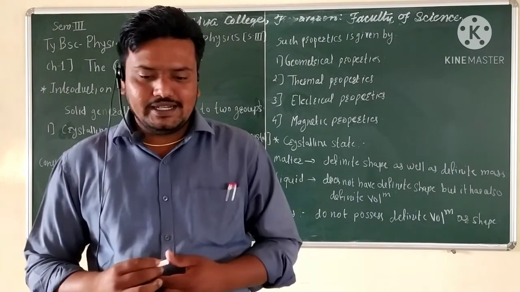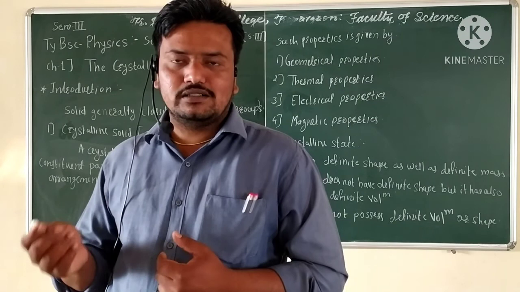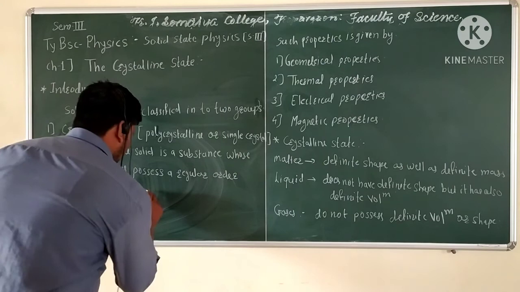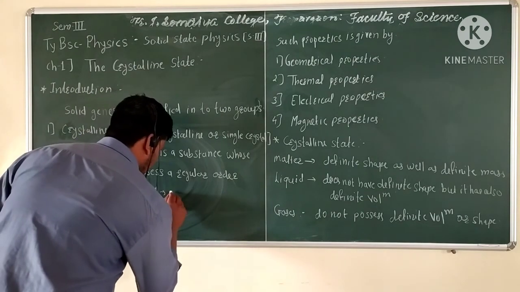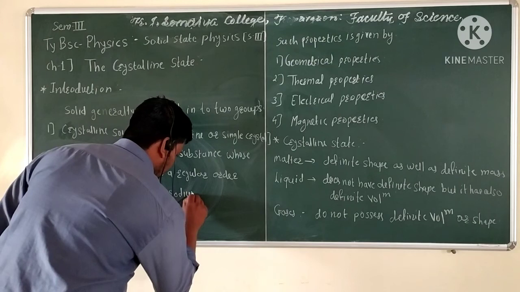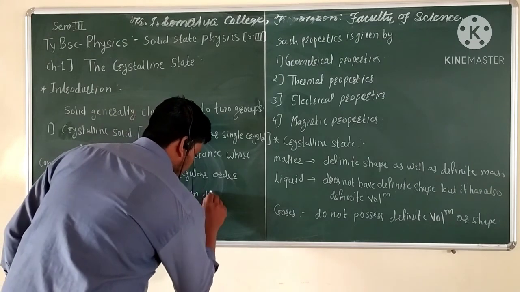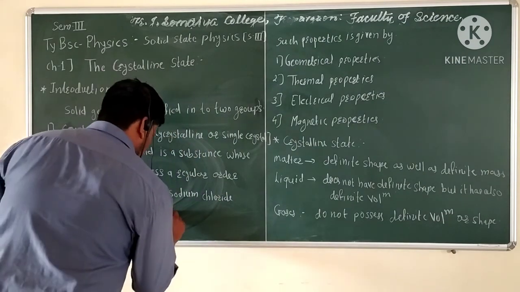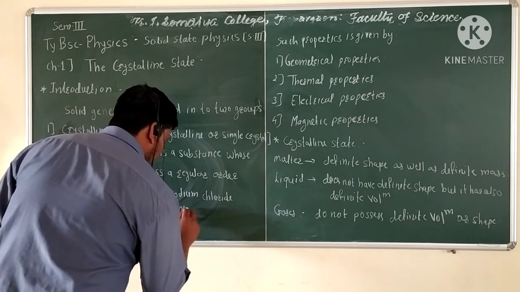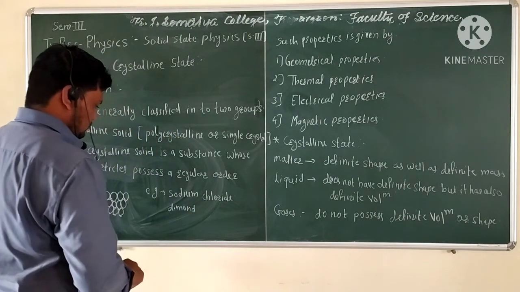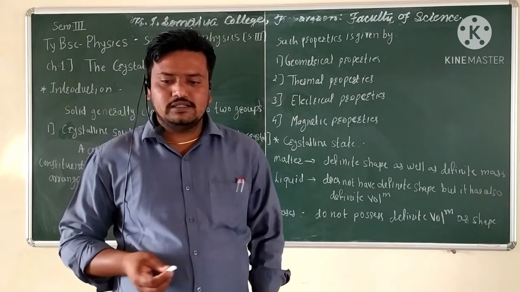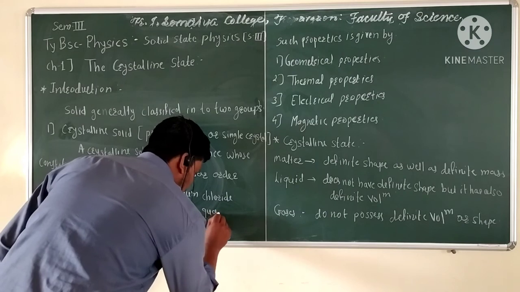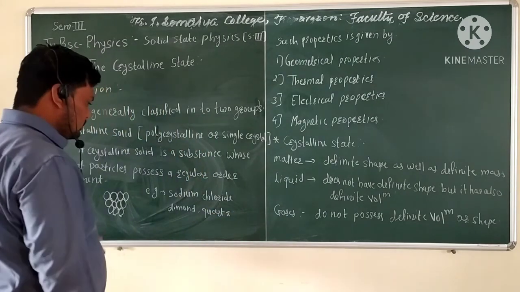Examples of crystalline solids are sodium chloride, diamond, or any solid with a quartz structure. So these are crystalline solids.